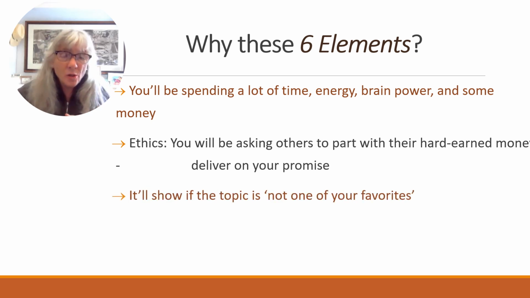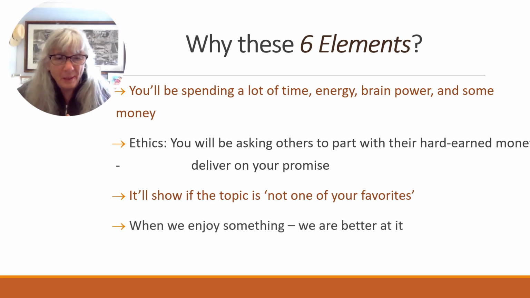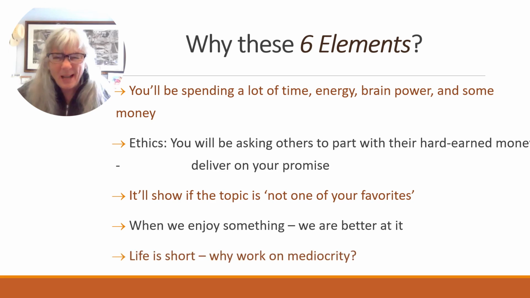And it'll also show pretty quickly if the topic is not one of your favorites. It's hard to get engaged if you don't really love what you're doing. And when we enjoy something, we're better at it. And besides, you know what, folks, life is short. Why work on mediocrity?